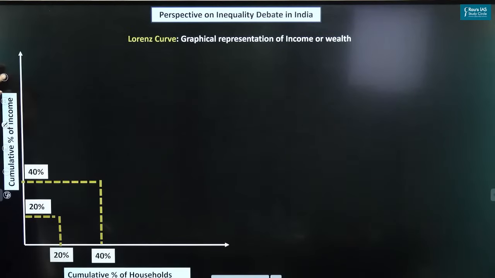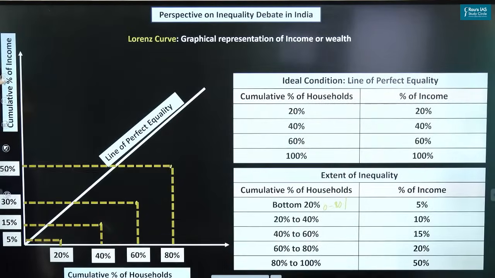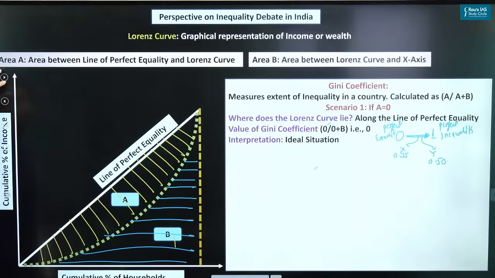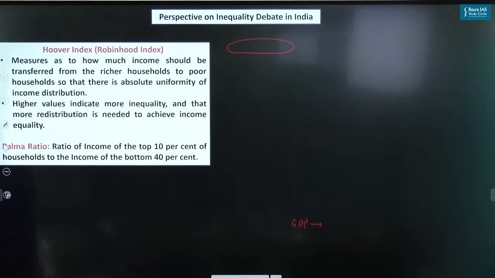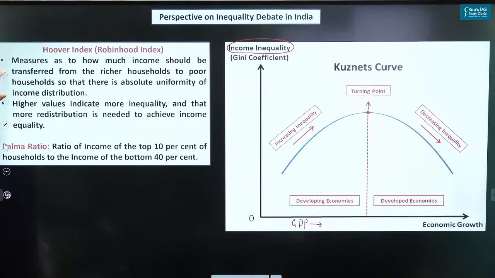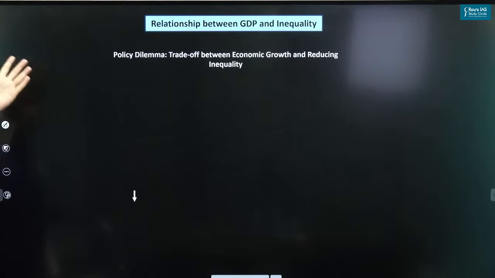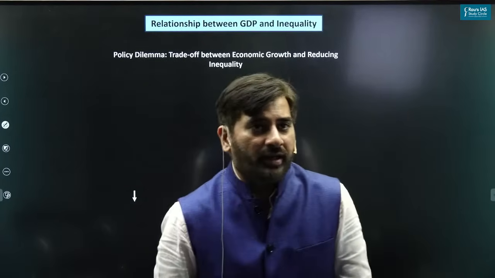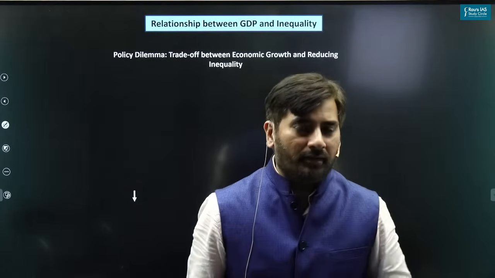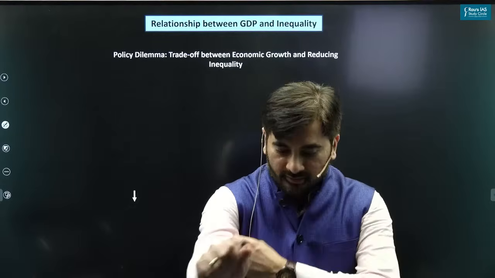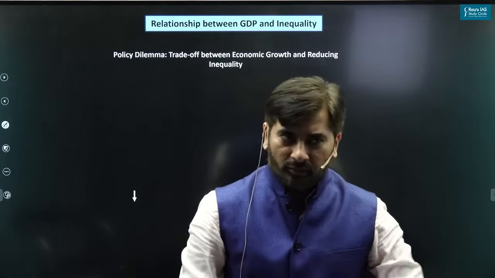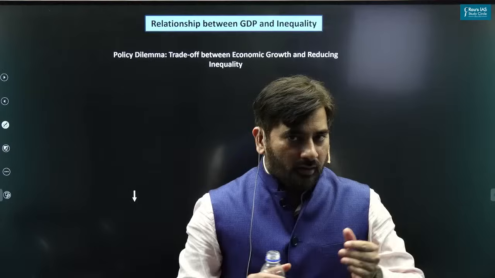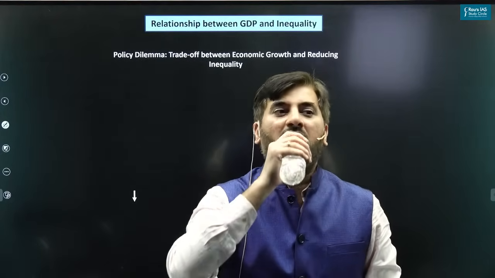So we have covered the prelims related aspects about the Lorenz curve, Gini coefficient, then about Hoover index, Robin Hood index, then Kuznets curve. Now coming to this important question about the relationship between GDP and inequality. Let's try to understand this particular topic, because it's a very interesting topic about the relation between these two variables.